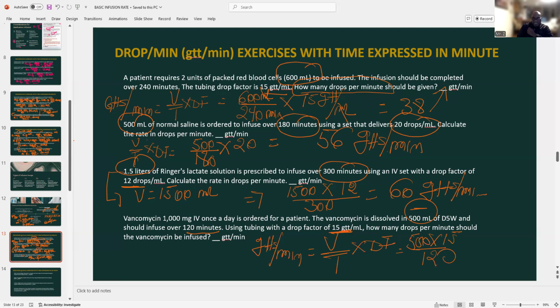You have 62.5. Once you round it out, it's going to be 63 drops per minute. This is how you solve drops per minute when the time is expressed in minutes, okay?